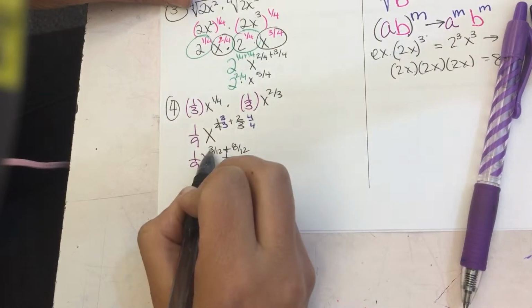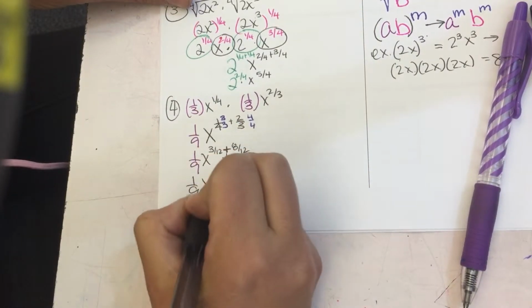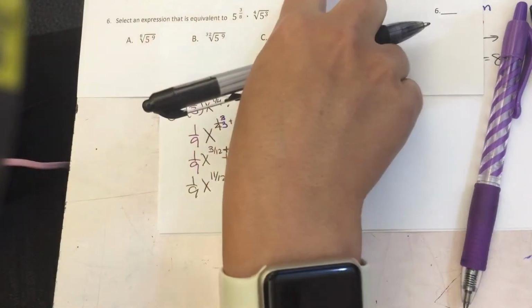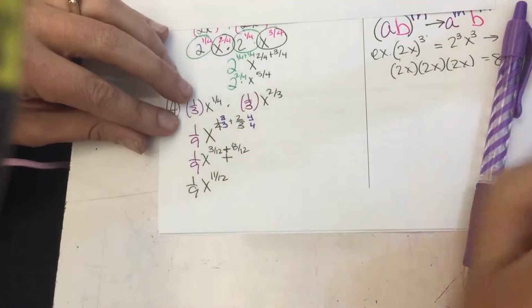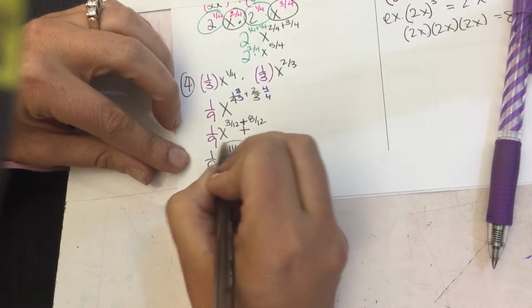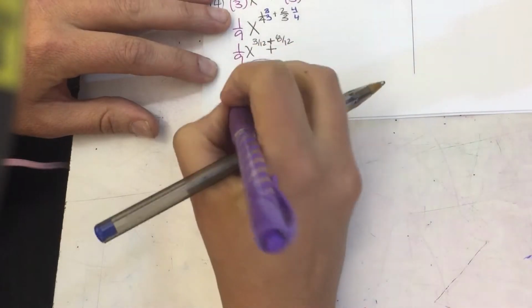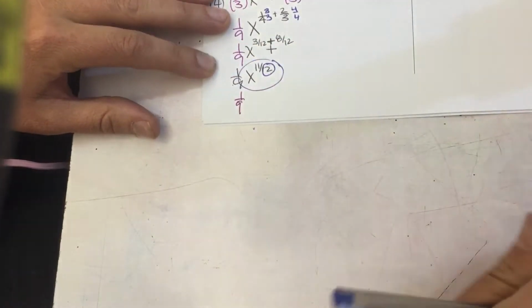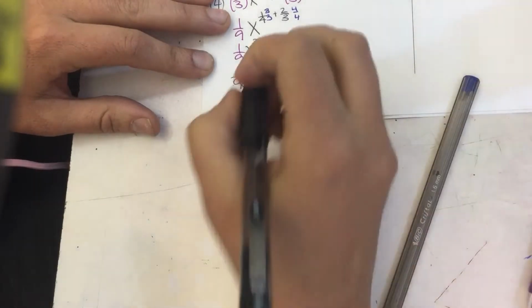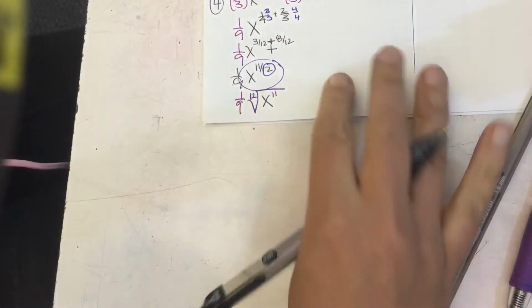And 8 plus 3 is 11. So 1 over 9 x to the 11 over 12. I don't have any like that, so I need to put my radical back. So I'm going to do that 12, but it's not going to go all the way around the 9. It's only going to go around here. So I'm still going to have my 1/9 outside. My 12th root, my x to the 11.